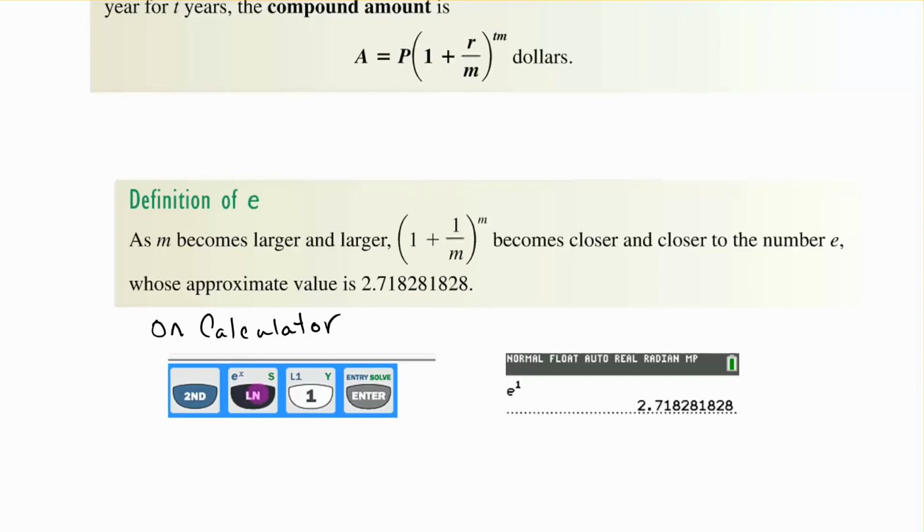You see it on the ln key, above it, it says e to the x. So if you hit second ln, you'll get e and a caret, and you'll hit the 1 key and enter, and you should get this on your calculator. You may not actually have the 1 up here. If you have an older calculator, you'll probably have e to the 1. Newer forms have the actual exponent box up there.